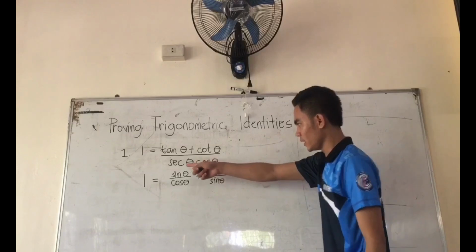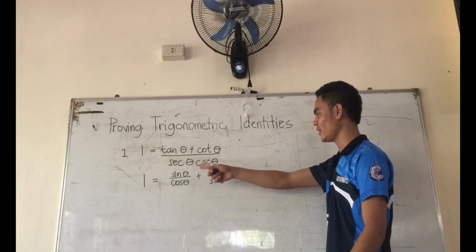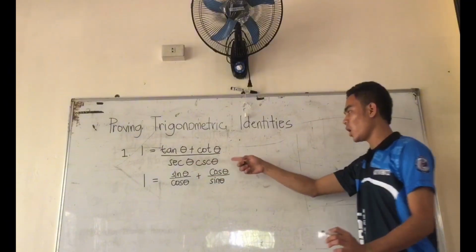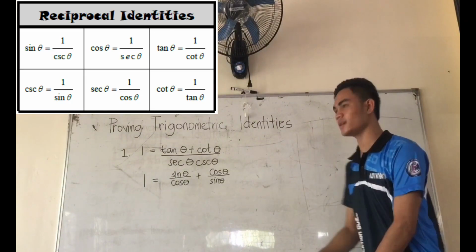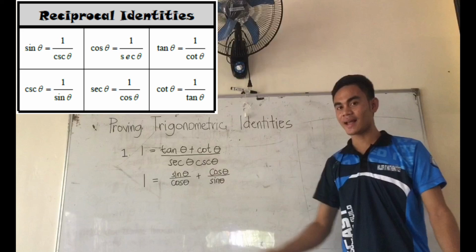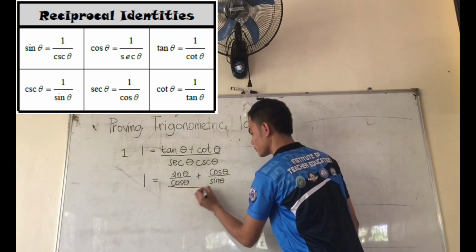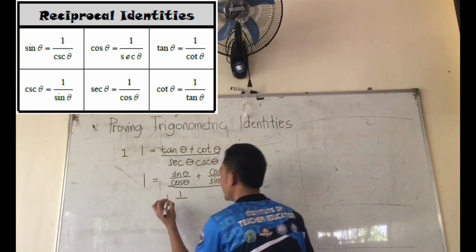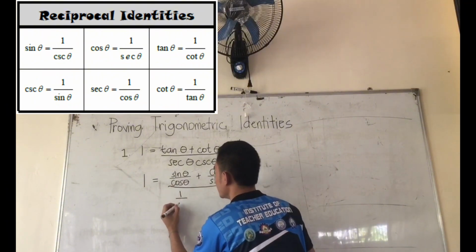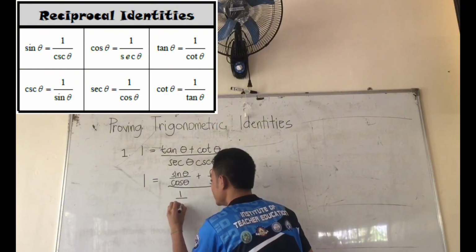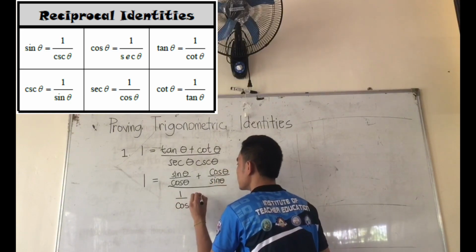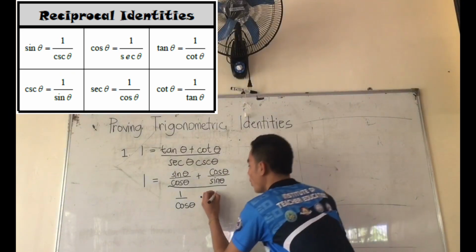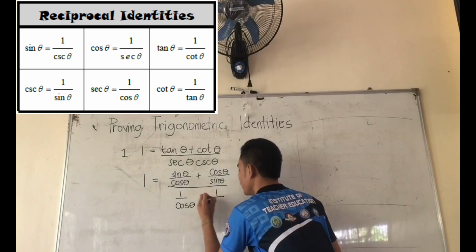And in the denominator, which is secant theta cosecant theta, we also use the reciprocal identities. The reciprocal identity of secant theta is 1 over cosine theta, times the reciprocal identity of cosecant theta, which is 1 over sine theta.